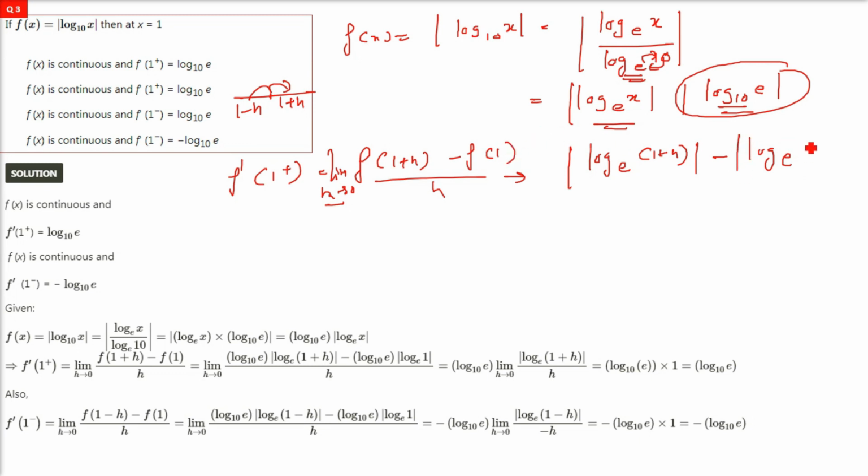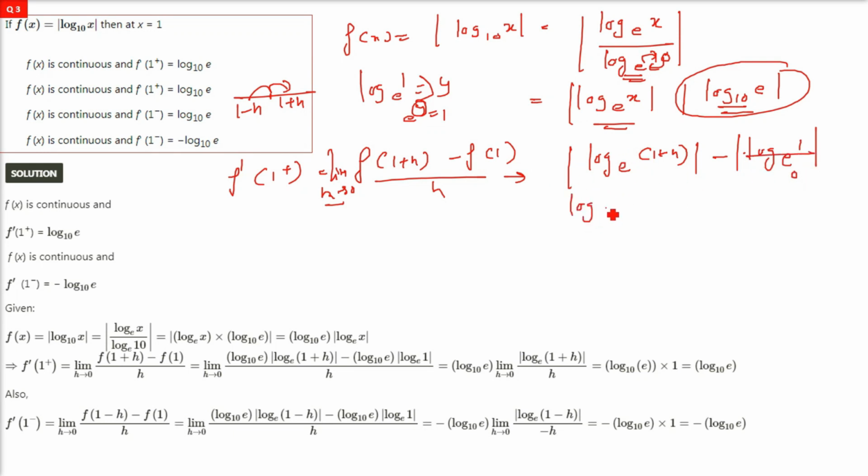And log 1 for any base is going to be 0. Please remember, it is basically e to the power something which is equal to 1. Anything to the power 0 is 1, so the power is going to be 0. Log base e 1 or log 1 is simply 0. Just eliminate it.